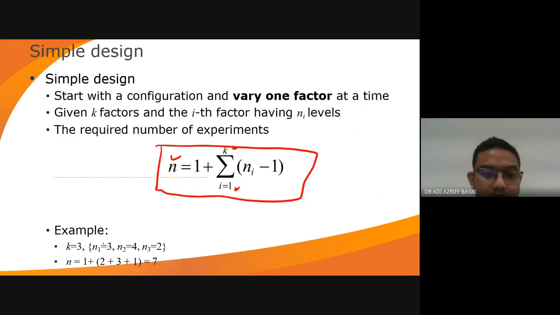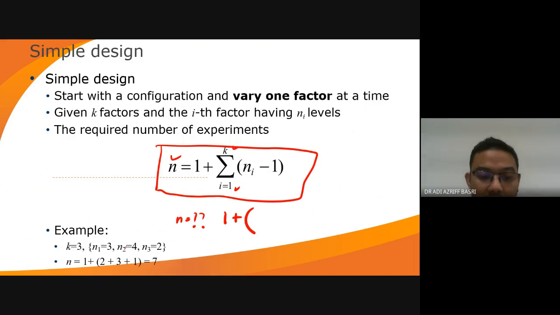So for example, you have k equal to 3. Your n1 is 3, n2 is 4, n3 is 2. So what is your total number of n? First is 1, plus the summation of each n minus 1.